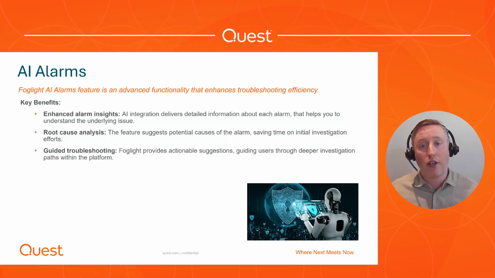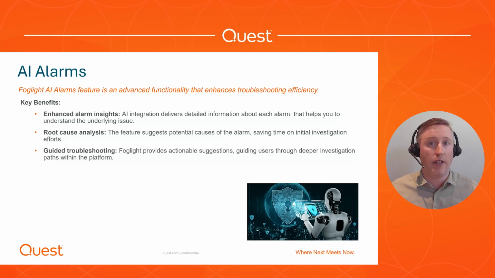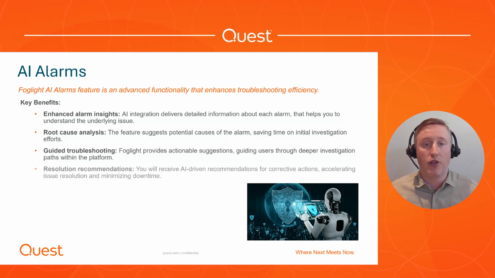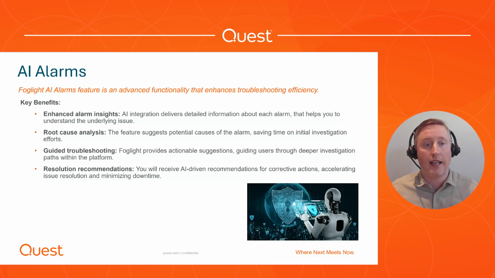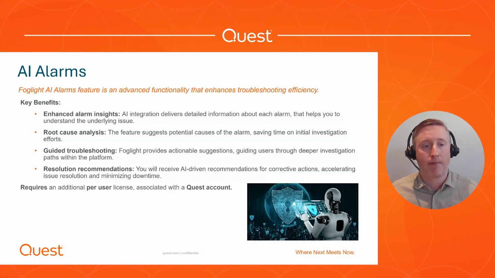So it'll give you actionable suggestions, guiding you through deeper investigation. So you can keep asking it specific questions, and it will give you guided troubleshooting. It'll also give resolution recommendations. So it'll give recommendations for corrective actions, accelerating the resolution time and minimizing downtime.